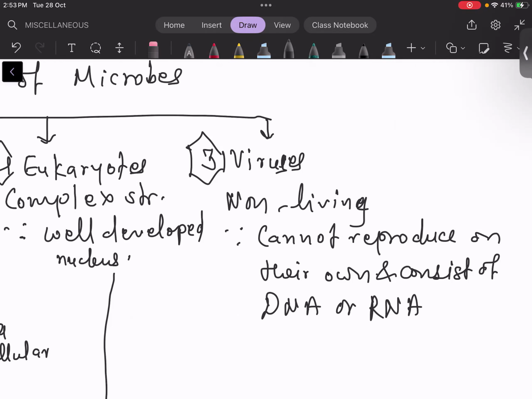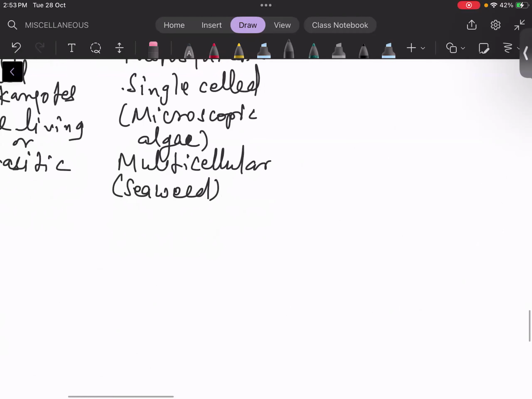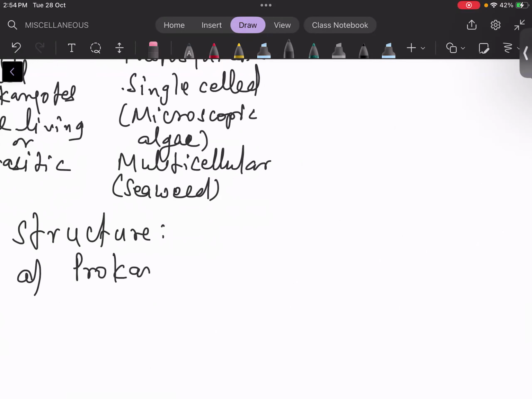The next one is structures. First, prokaryotic structure. It consists of what? Cell wall. The cell wall provides structural support and protection.